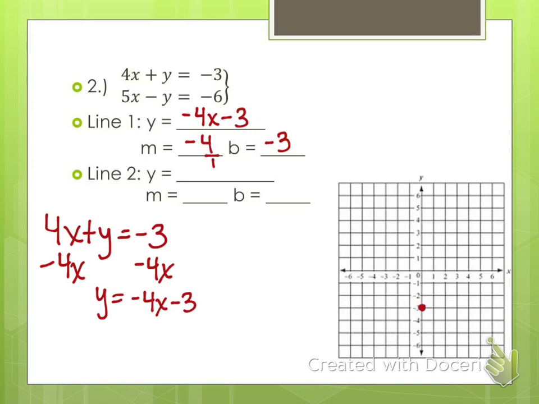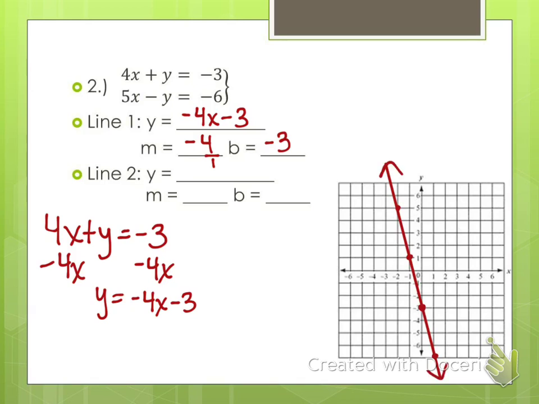Down 4 and to the right 1. Or instead of going down and right, we go up and left. We can do that a couple times. Not a whole lot of points on this line. There we go, we got our graph.